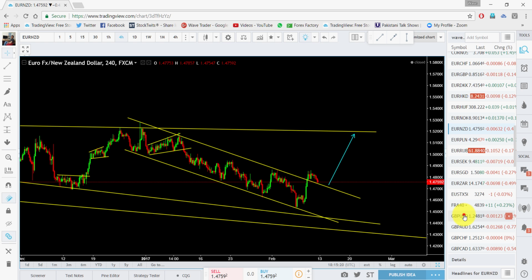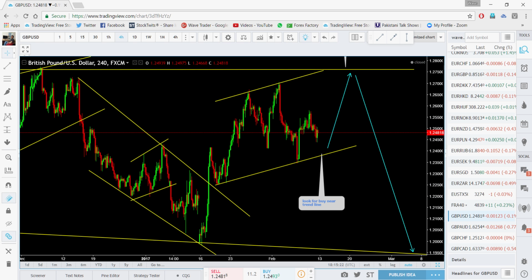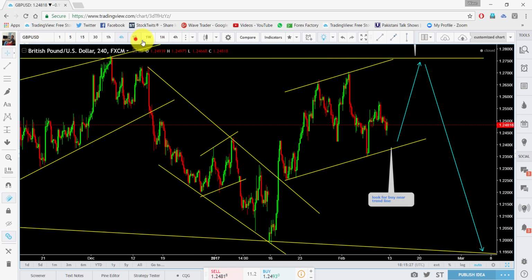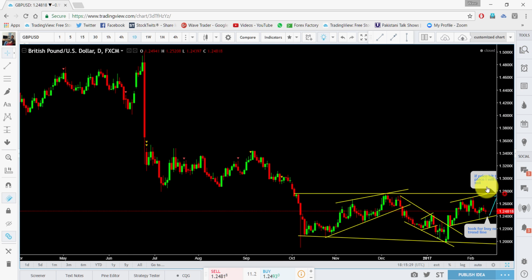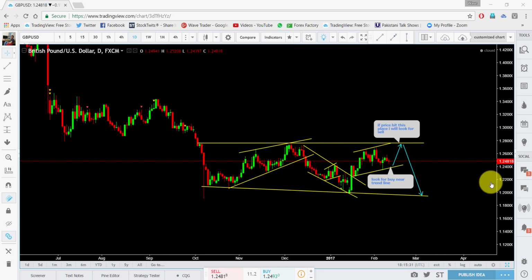So we got the pound pairs left. This is the longer-term trade, the completion of this pattern, or it can even break down to the downside. This is the continuation pattern.